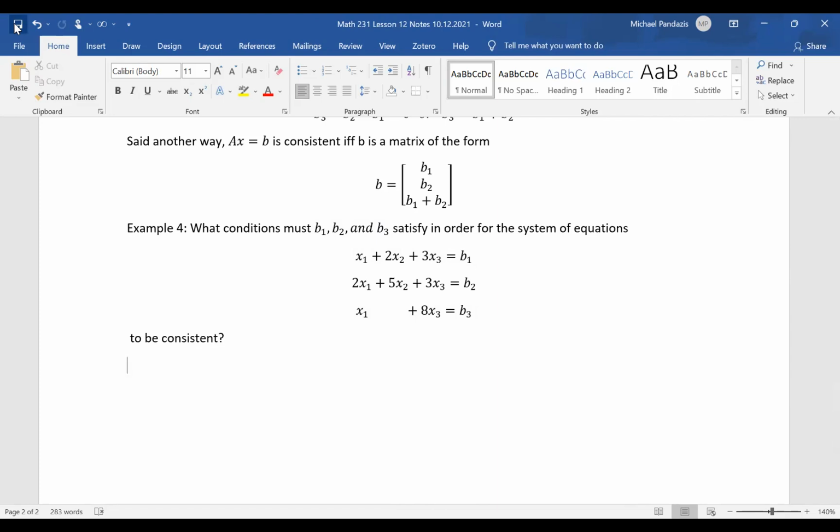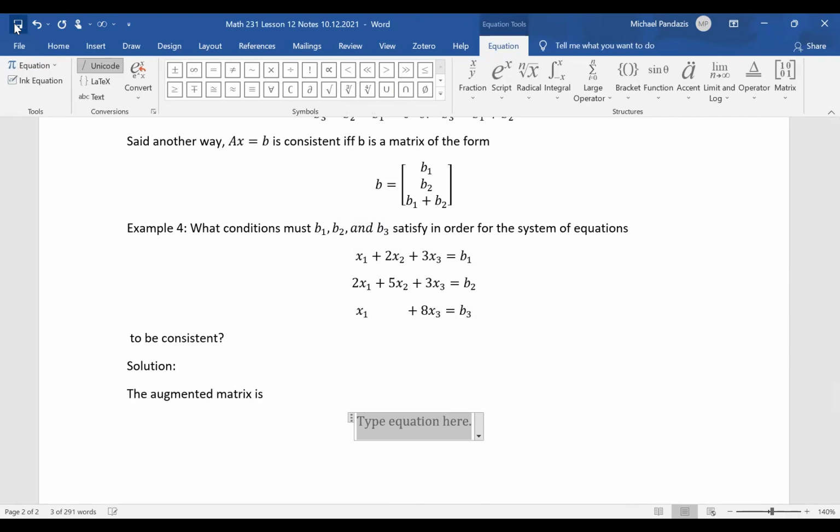Okay, so the augmented matrix is for that linear system. On the left side, you have the coefficient matrix. Let's copy that maybe.